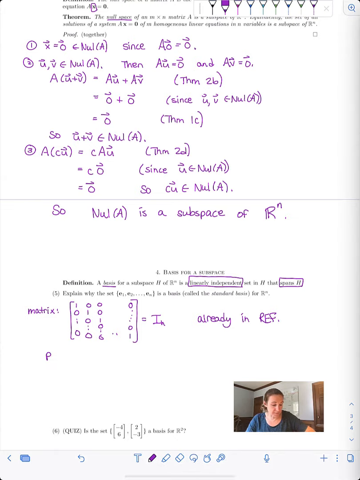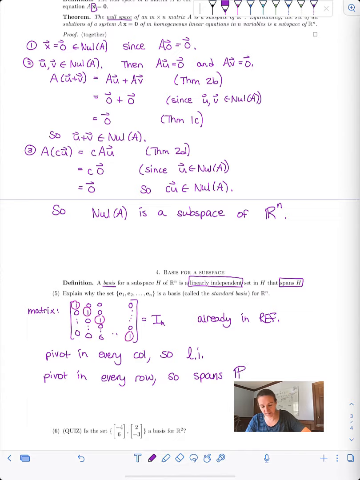It's pretty clear there's a pivot along each diagonal, so we have a pivot in every column. Certainly these vectors are linearly independent, but in fact we also have a pivot in every row, and we're looking to span our whole Rn. In this case, it does, and so these are a basis.